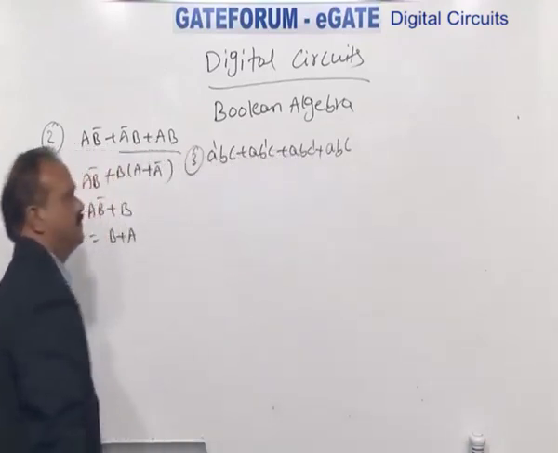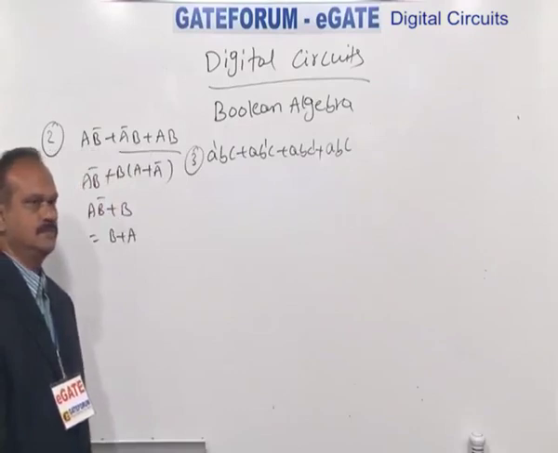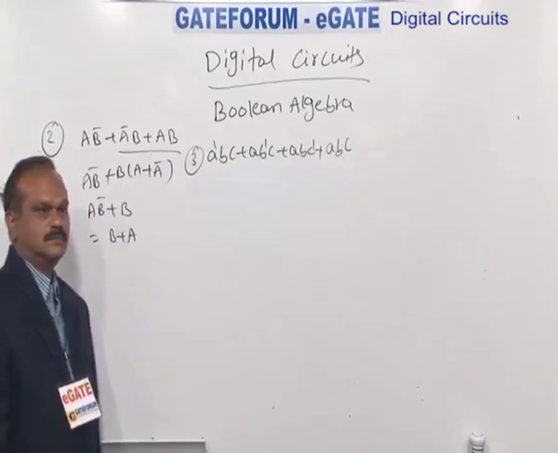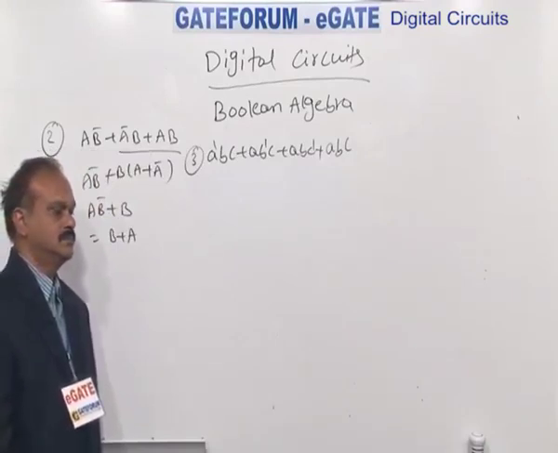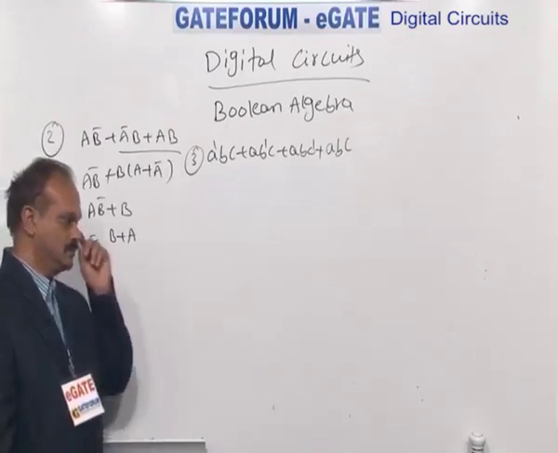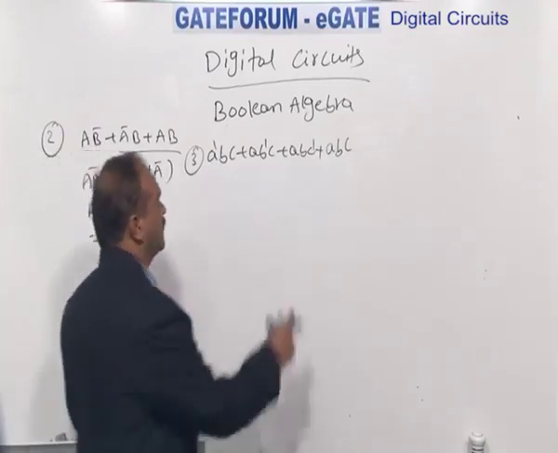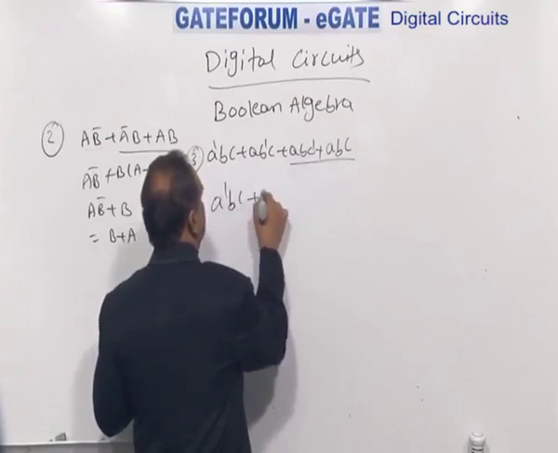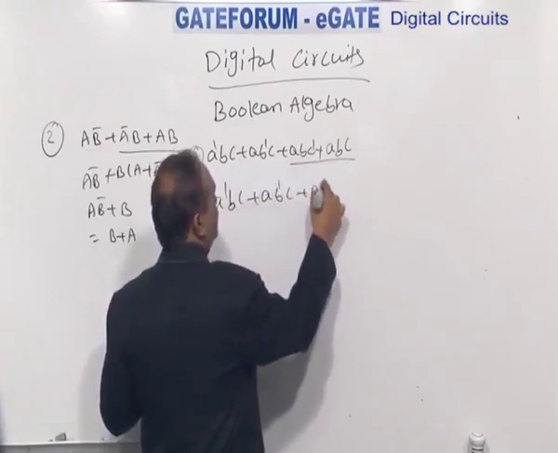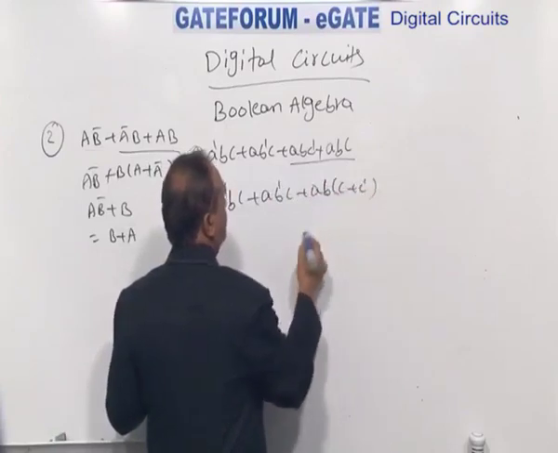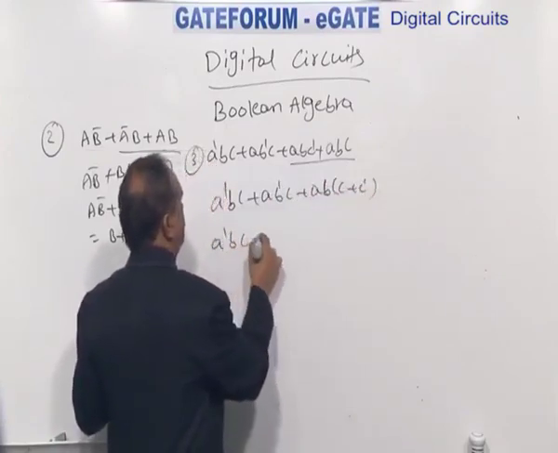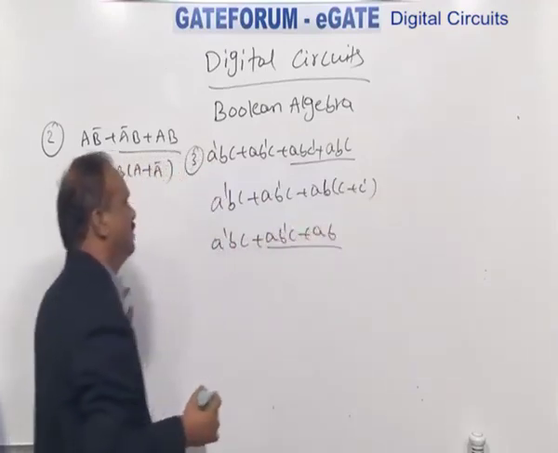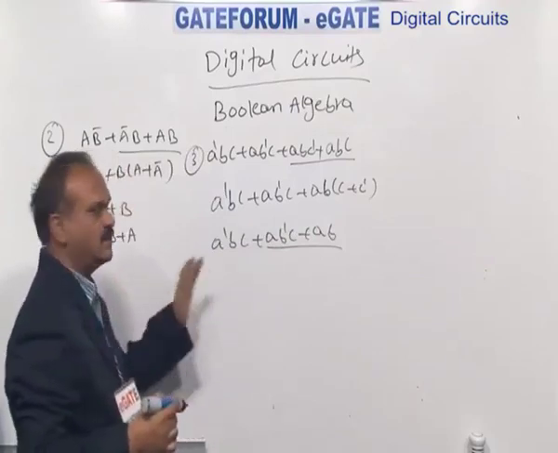Third problem, so in the last two terms, if you take AB common, C plus C bar is 1, and now I am taking the last two terms for combination.